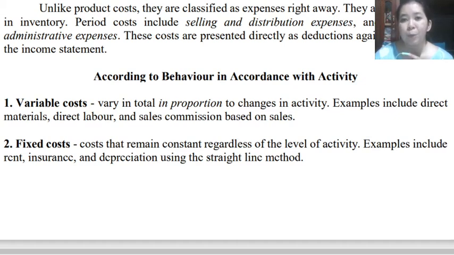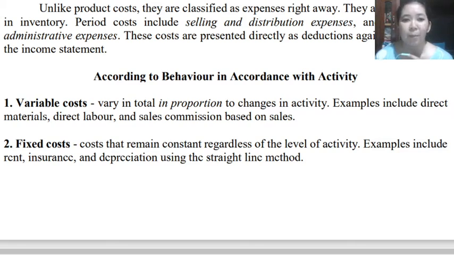Or if you produce in the next production 20,000 units, your cost will also be equal to the 20,000 units that you produced. So it follows the activity or number of units that you produced. Here, variable costs vary in total in proportion to the changes of activity.